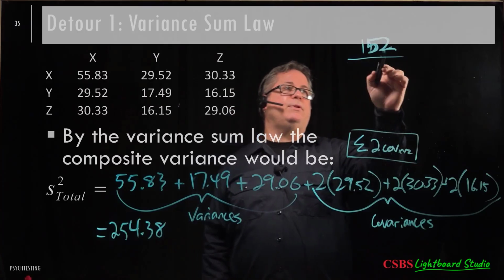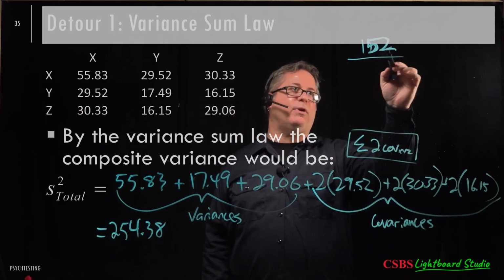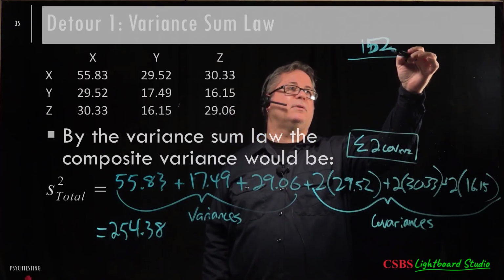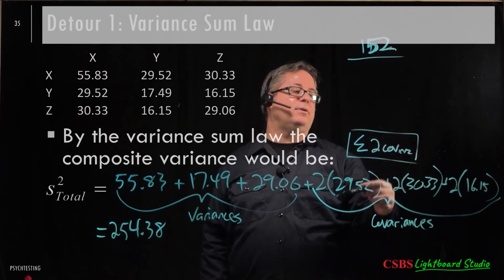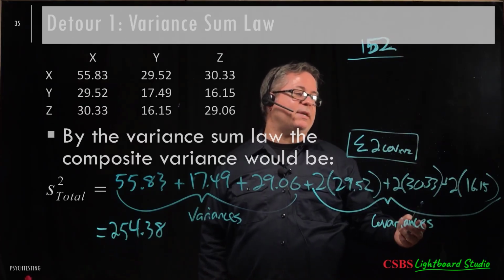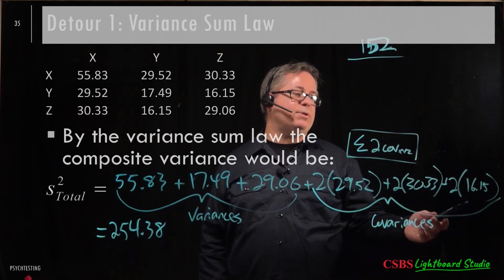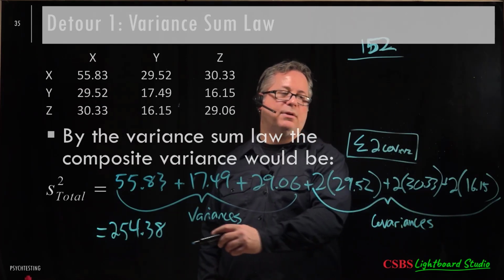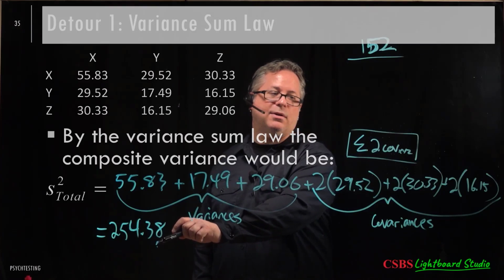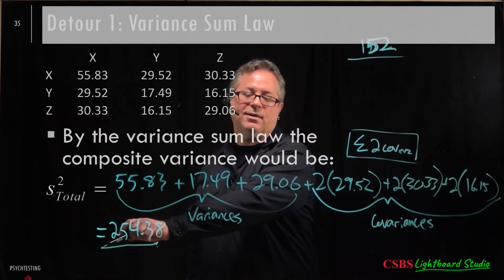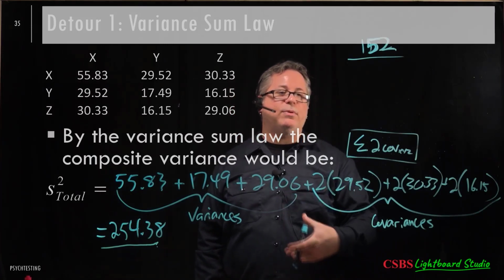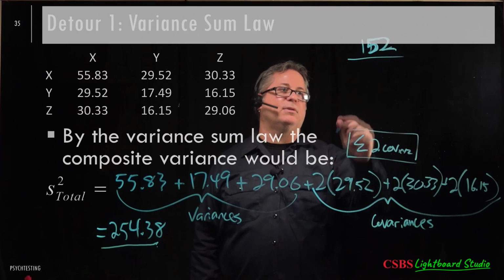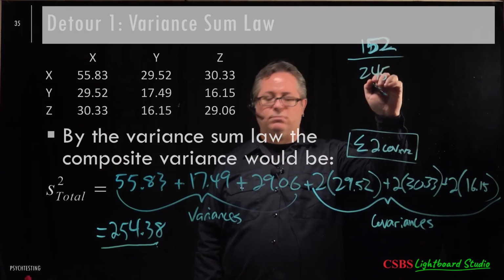So 152 units of what? Covariance. Doesn't matter what the scale is, but relative to what? 152 of the total variability of adding X, Y, and Z together, right? 254.